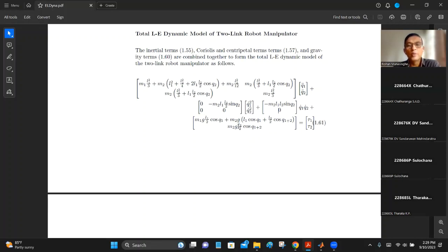That's why this L2 by 2 cosine term is there, right? The force is vertical downward, and it is acting at this length from the joint. So you multiply the force times the distance, then that is the torque, like that.